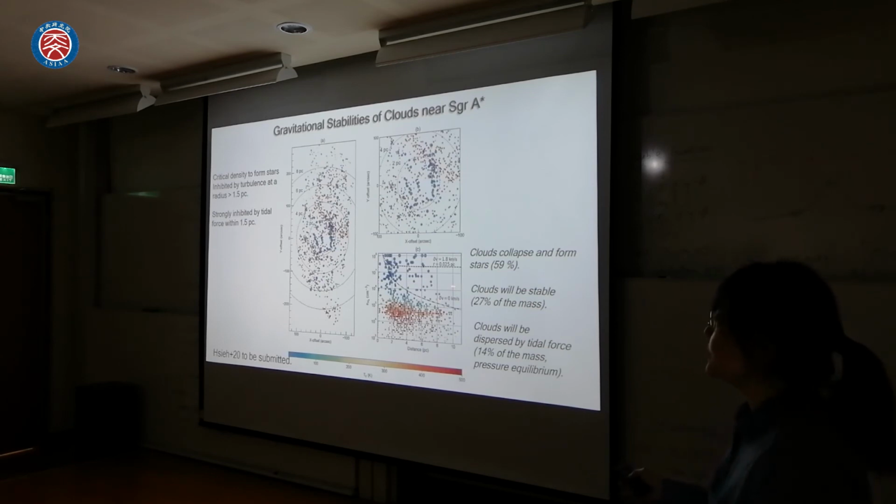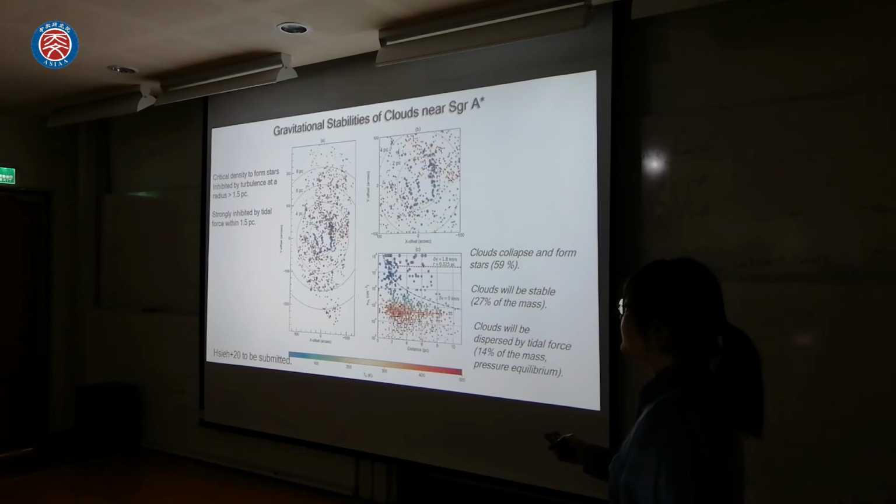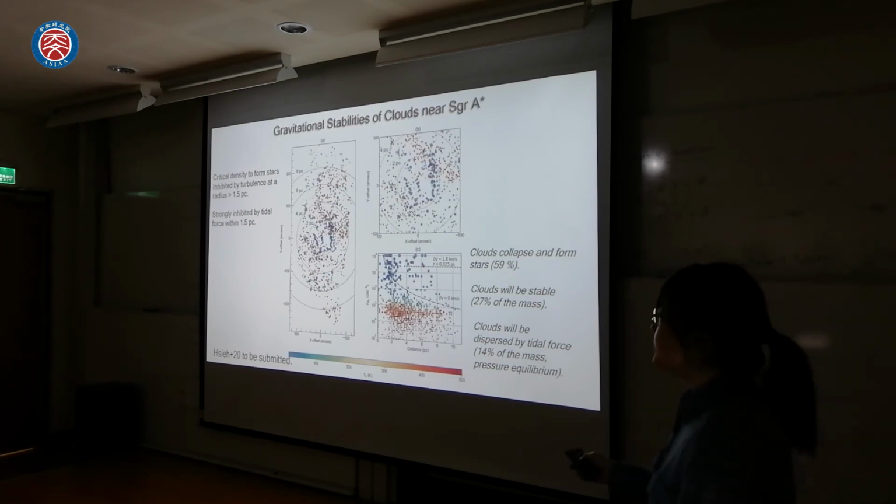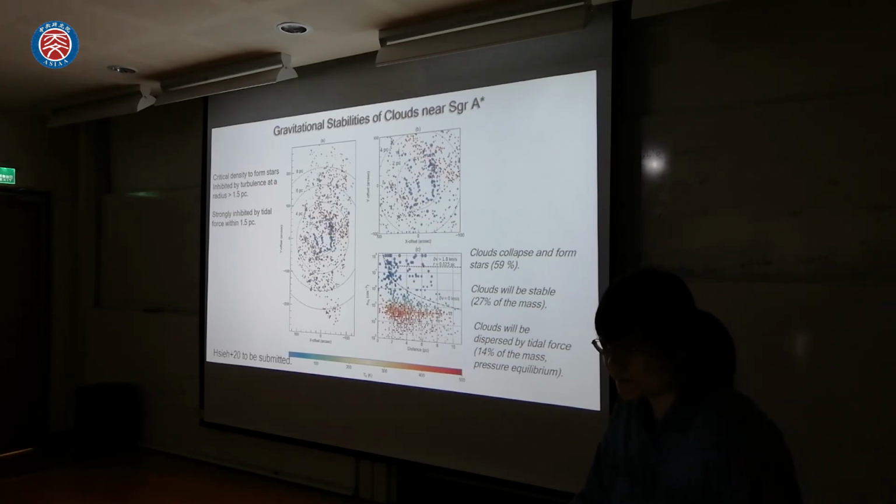It will be interesting to see how these 20% of stable clouds evolve in the future, and what the interaction between gravity, magnetic fields, and tidal force is in determining the fate of the clouds. But the more massive clouds are more important and responsible for star formation. They are 59% of the mass here. So although the number of these massive clouds is smaller, they are actually more important in this region.